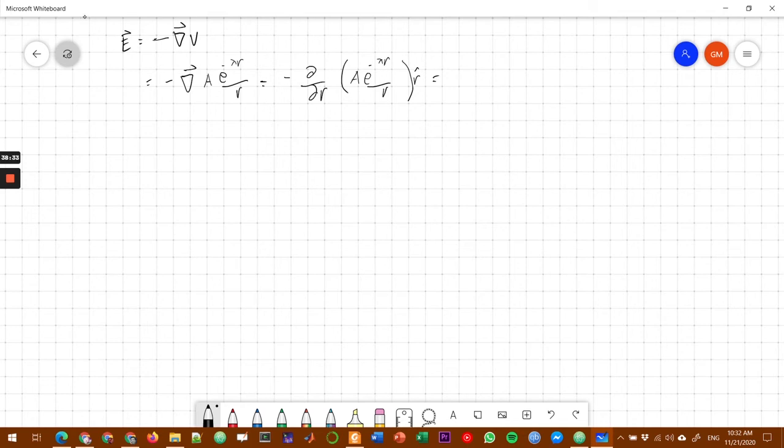So the result is a derivative using the product rule or division rule. The result would be this: lambda A e to the negative lambda r over r. So this time I take the derivative with respect to the exponent, keeping r constant, and then the derivative of the denominator r, keeping e to the negative lambda r constant. A e to the negative lambda r over r squared.